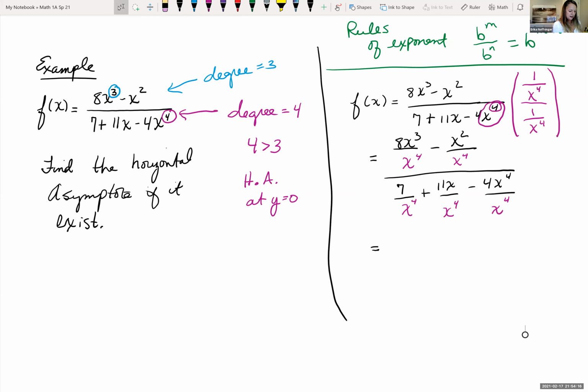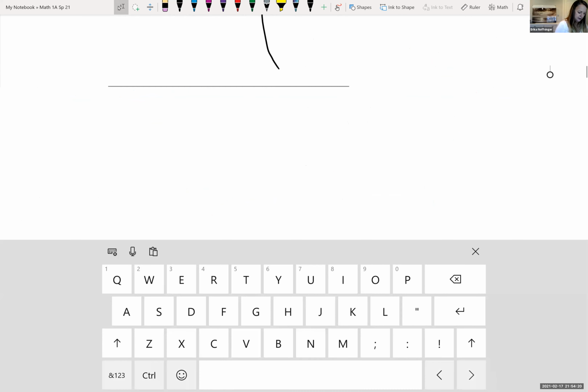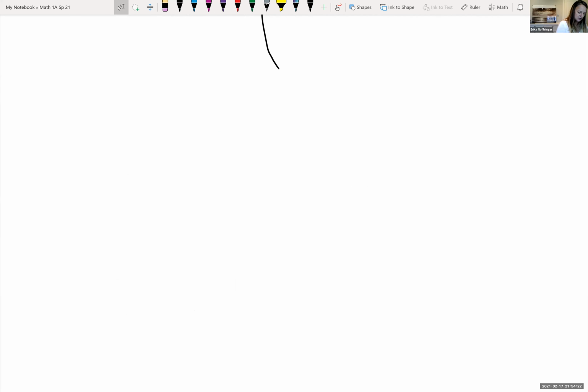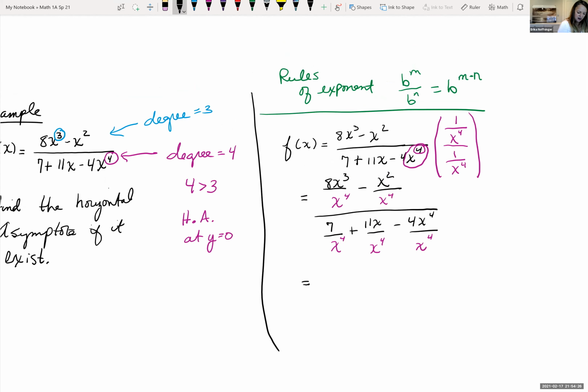or I tend to do it this way. If my degree in the denominator is larger, I tend to keep it down in the denominator. And notice our degree in the denominator is always going to be larger. So another way, and really what we're doing is, recall if you have a negative exponent in the numerator, we bring it down to the denominator to make it positive.